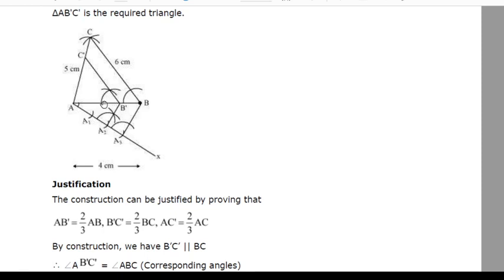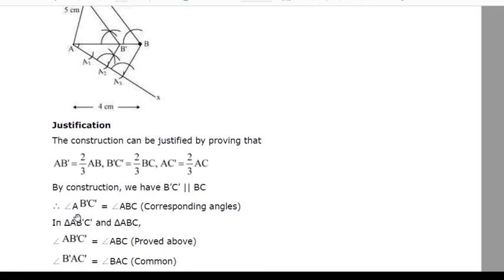Otherwise you can apply the proportionality theorem: AB dash upon B dash B, or you can say AB dash is 2 by 3 of AB. Similarly B dash C dash equals 2 by 3 BC, and AC dash equals 2 by 3 AC. This we have to prove.